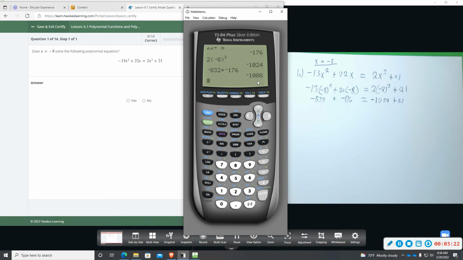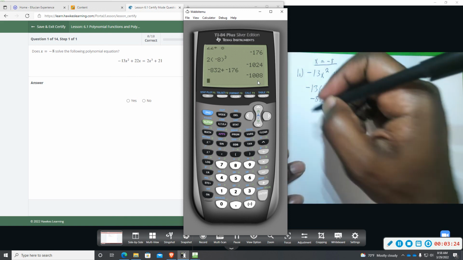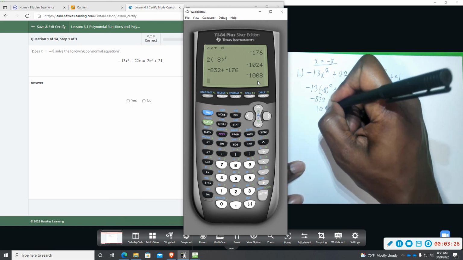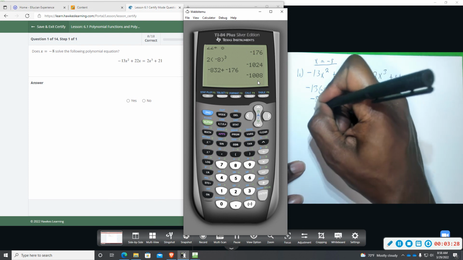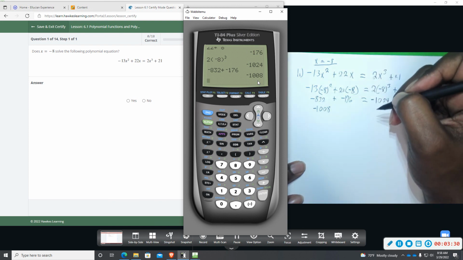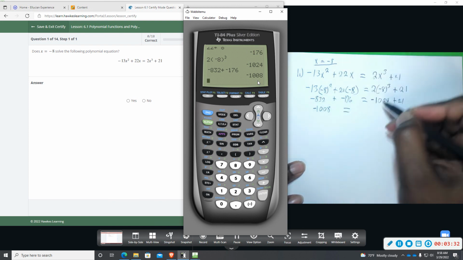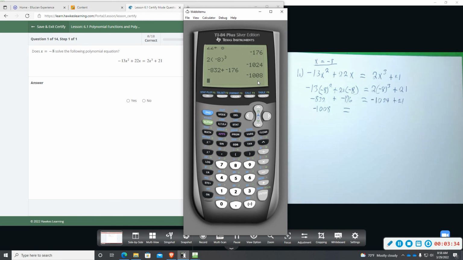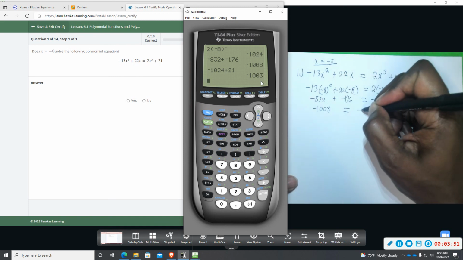So on the left side, we get a negative 1008. And does that equal what we get on the other side, which is a negative 1024 plus 21? All right, and we get negative 1003. So those are not the same.